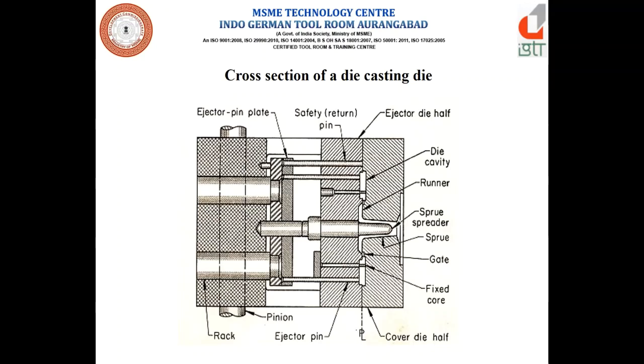We require to provide vents also because the accumulated air needs to be removed. These vents serve as an outlet through which air can escape from the die cavity, permitting complete filling by the metal. Adequate venting may be provided by clearance between the die faces at appropriate locations.